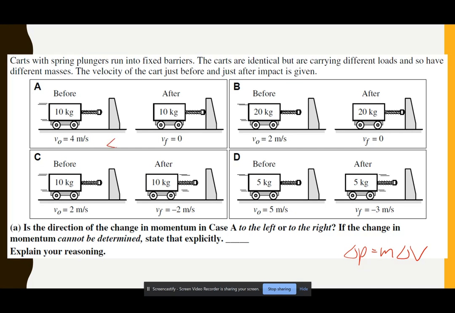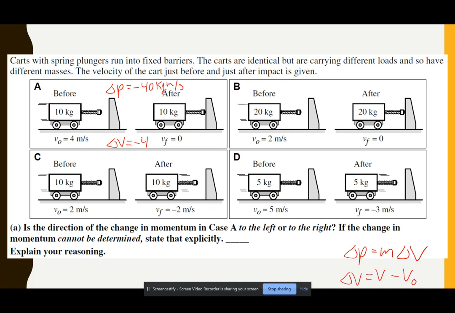So the first thing we need to figure out is our change in velocity. Remember, it's final minus initial. So it'd be 0 minus 4, so our change in velocity is negative 4. And so you just do 10 times negative 4, which gives a change in momentum of negative 40.